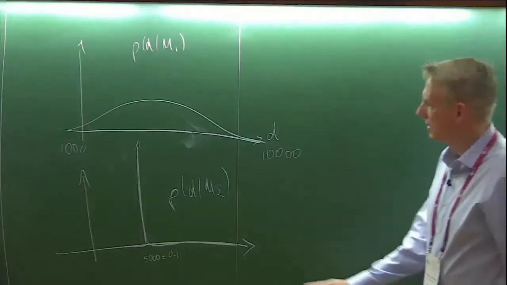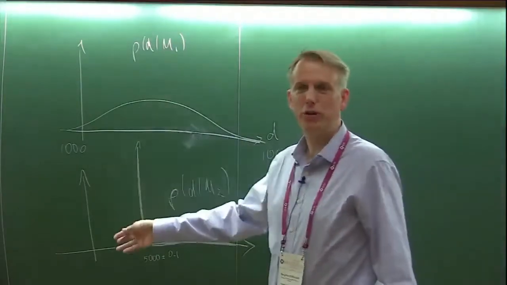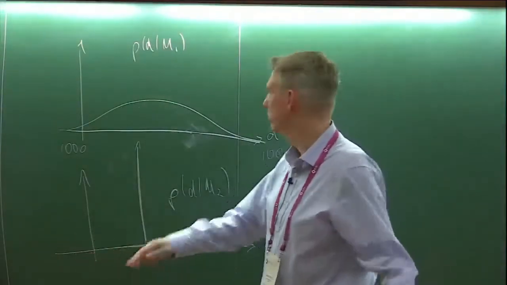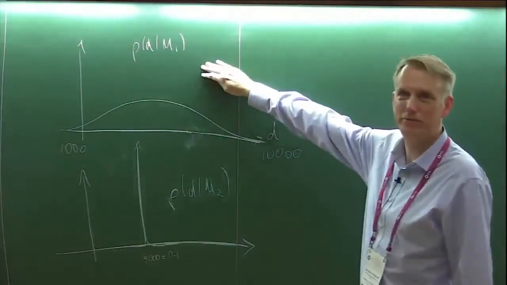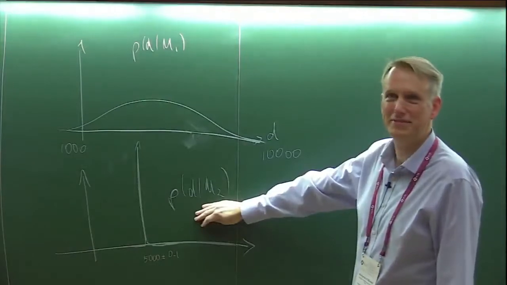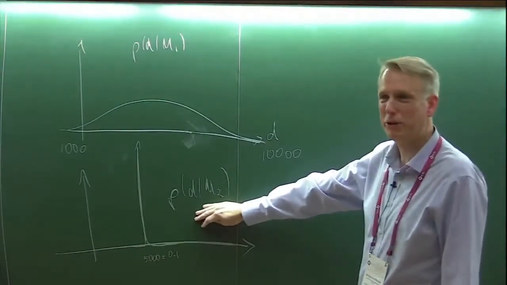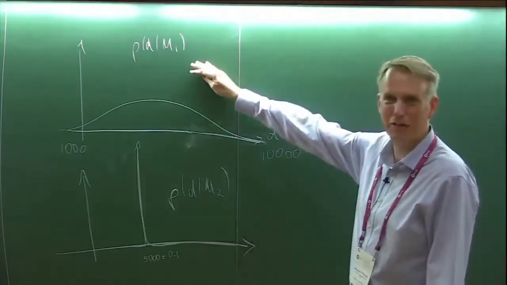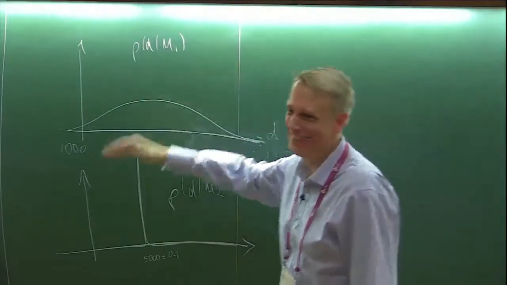So of course, who of those two are you going to believe? Let me have a show of hands. Who believes this? Who believes this? Okay, in fact, you don't have any reason to believe one or the other because you don't have the data yet.